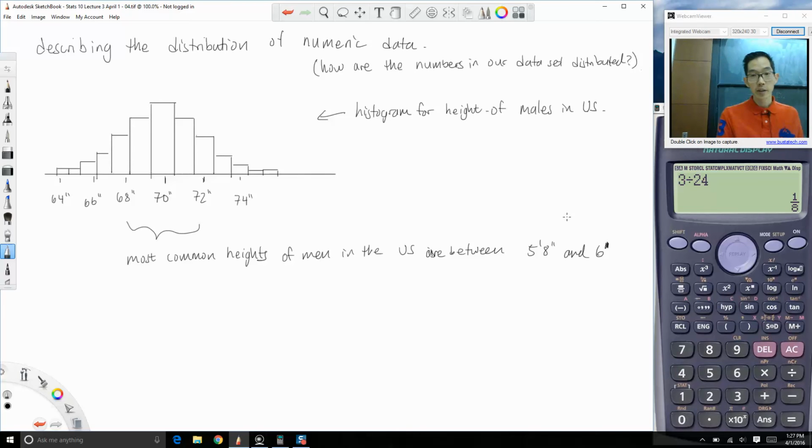Okay, whereas there are people who are taller than that, people who are shorter than that, but as you get further and further away from this range of average, those heights become less and less common, okay?